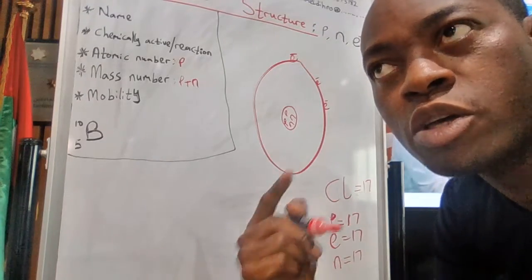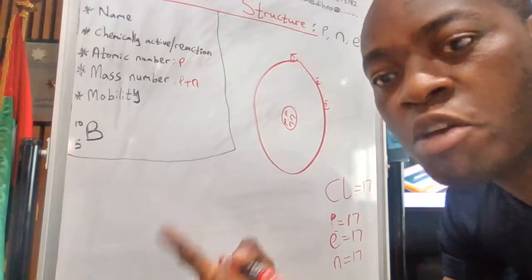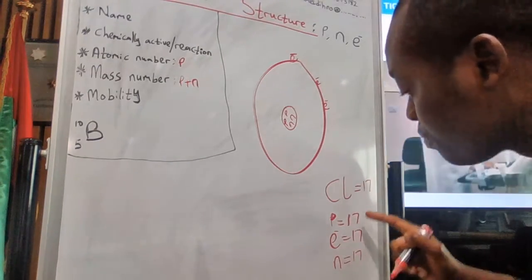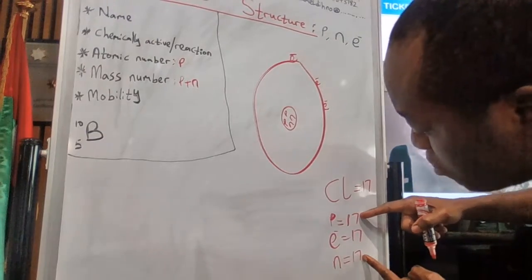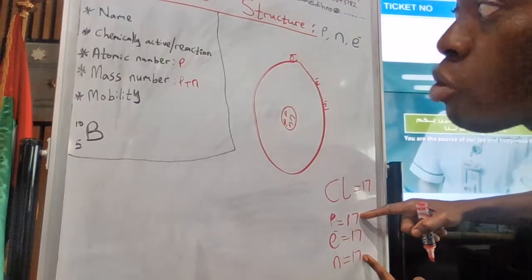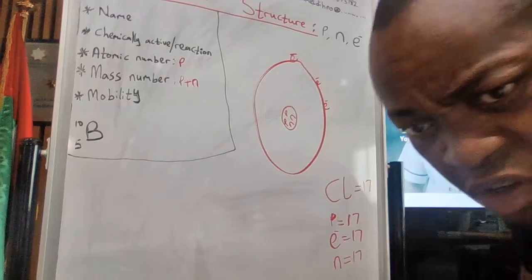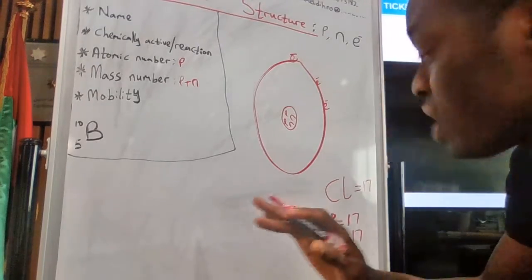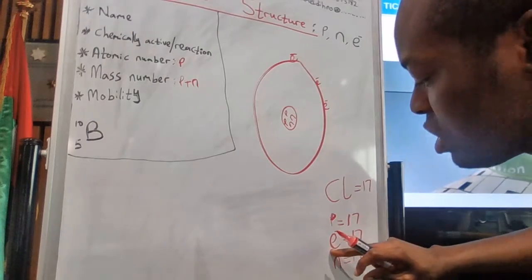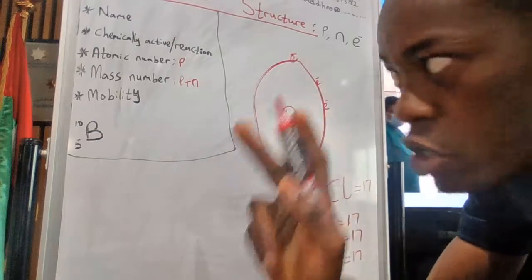That is where in some cases you see chlorine having 35.5 for the mass number, but it is almost equal. If you look at 17 plus 17, 17 of the proton plus 17 of the neutron is 34, right? But if you check, the mass number for some chlorine is 35.5. We are not going there in this video. The purpose of this video is just to tell you that even though you can use the electron number to get the atomic number, they are not equal.